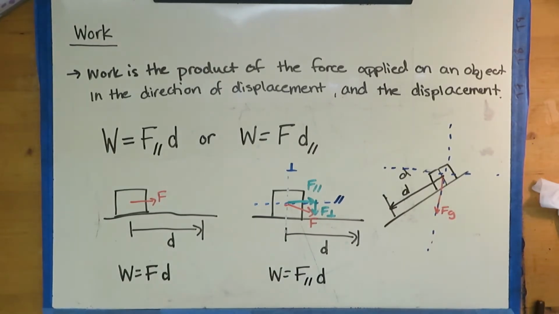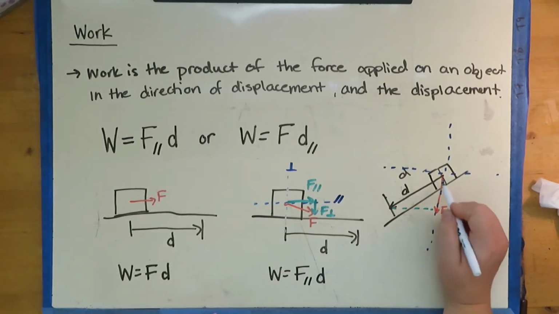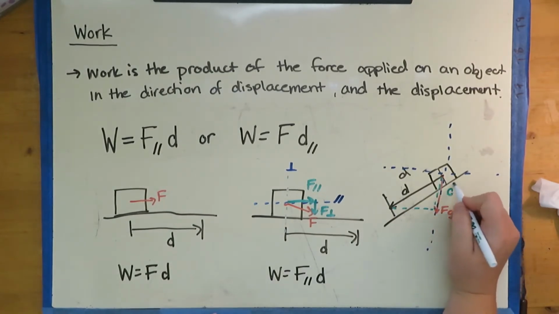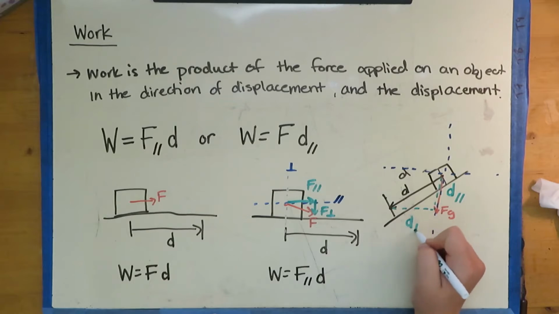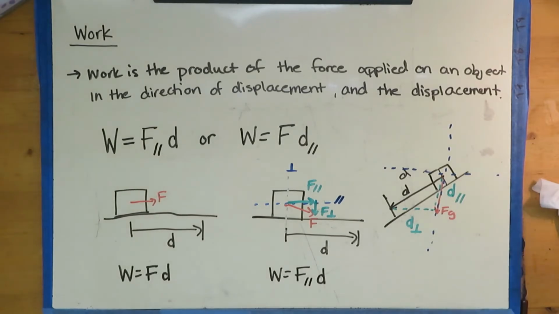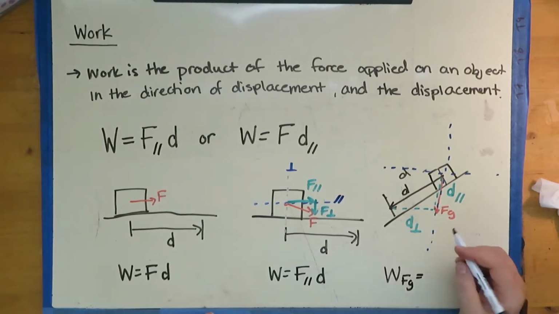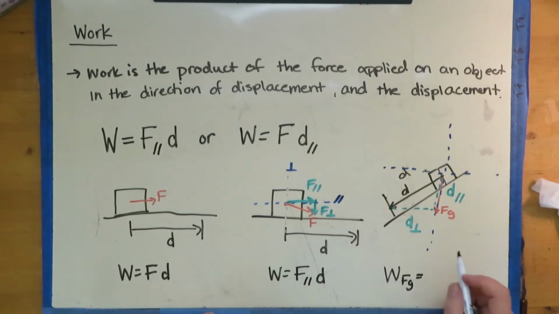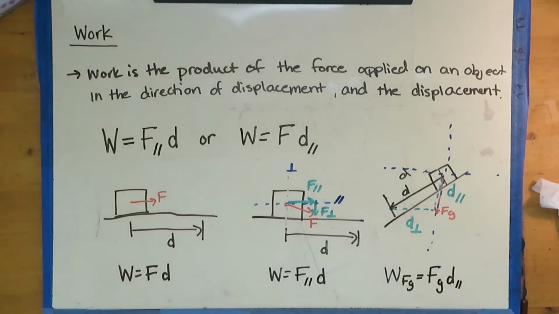So I could resolve my displacement vector into a D parallel and a D perpendicular. And only the component of that displacement that's parallel to FG would do work. So the work done by gravity in this case would equal my FG times D parallel.